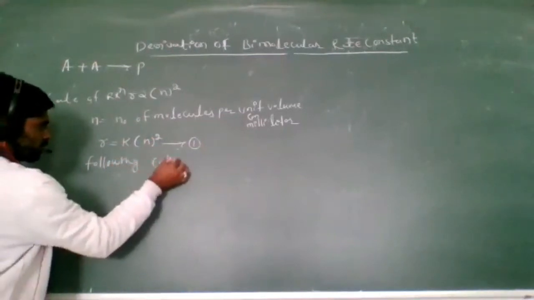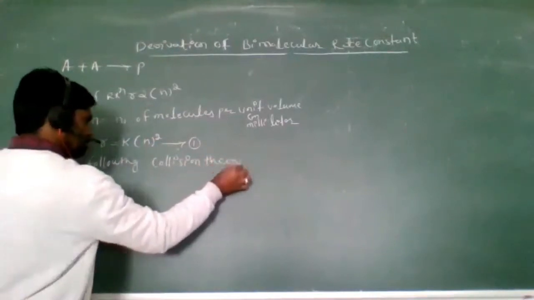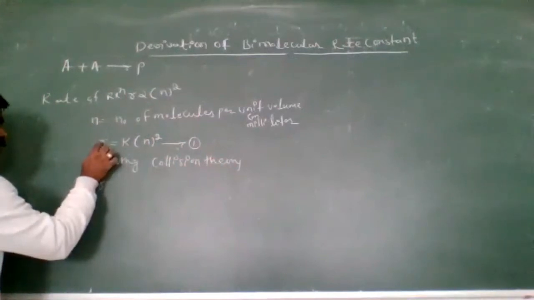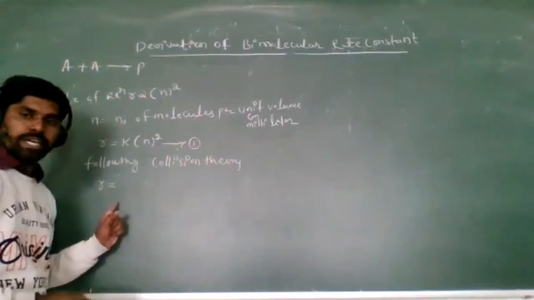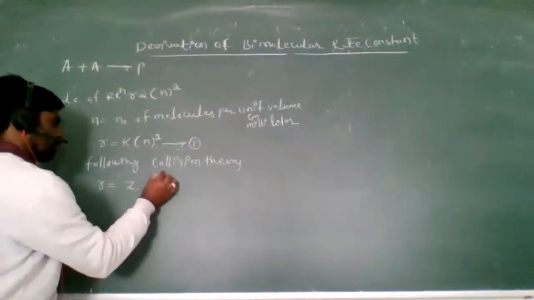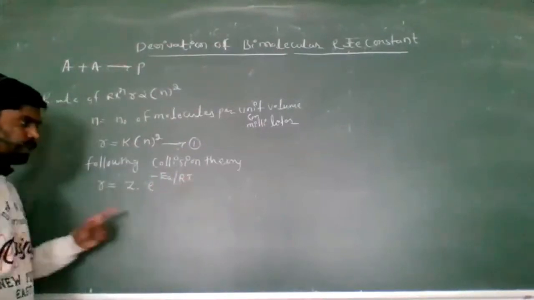Following collision theory, the rate of reaction is equal to Z e power of minus Ea by RT. So what does that mean?